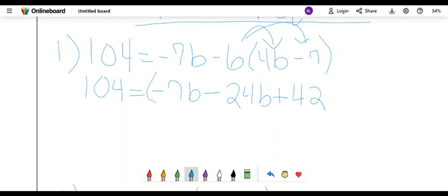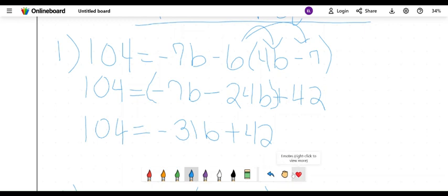We don't have to group it, we just put parentheses around them. So we will do negative 7b minus 24b, which just adds together. That means we'll have 140 equals negative 31b plus 42.